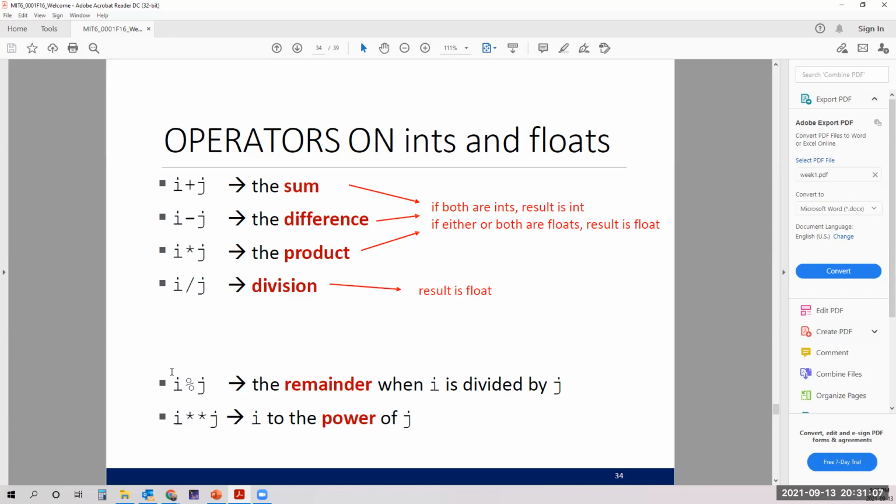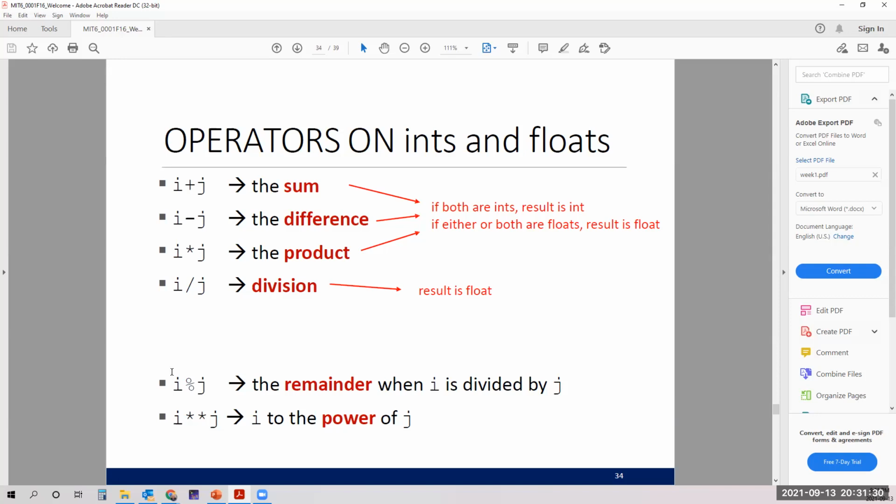But for plus, minus, and multiply, if we are dealing with integers, the object will be an integer; if we are dealing with floats, the object will be a float. But with division, it is always a float. Clear? Questions?